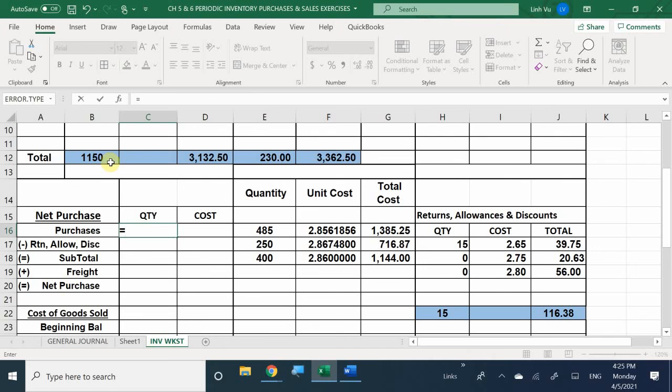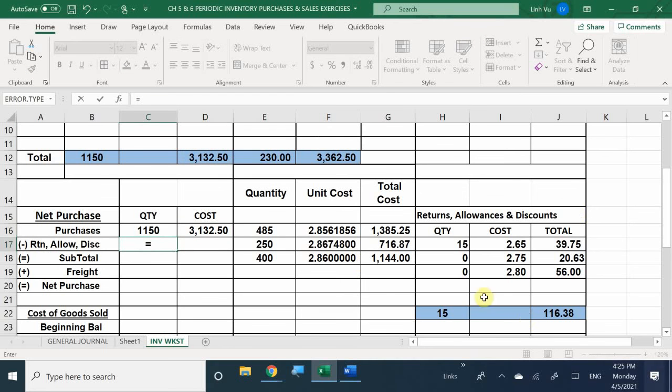What was my total quantity I purchased? 1150, at a total purchase price of 31.32.